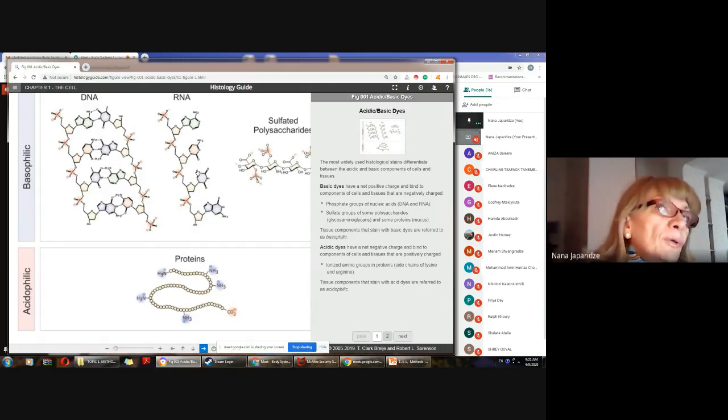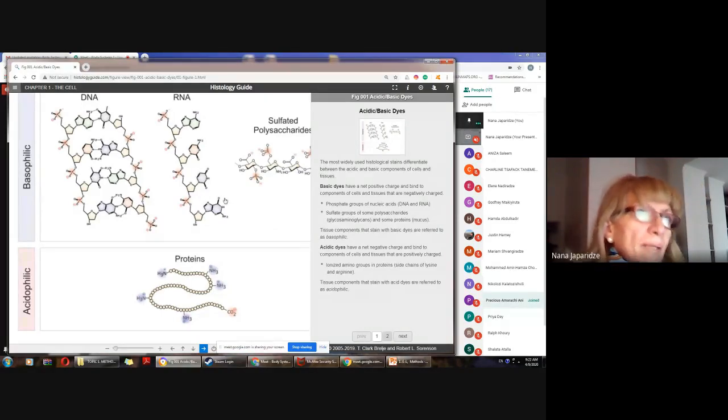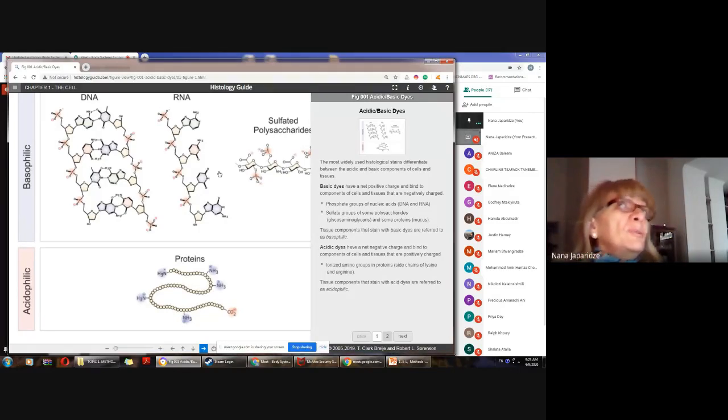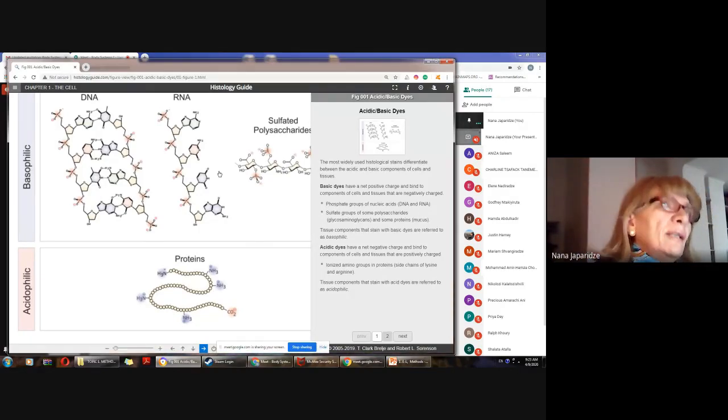Also, as you know, DNA might be identifiable in mitochondria. But mitochondria are not actually well visible in light microscopy. It needs a special type of staining to see the location of mitochondria. But rough endoplasmic reticulum might be seen as some type of granulation in the cell cytoplasm, and I will show you this.